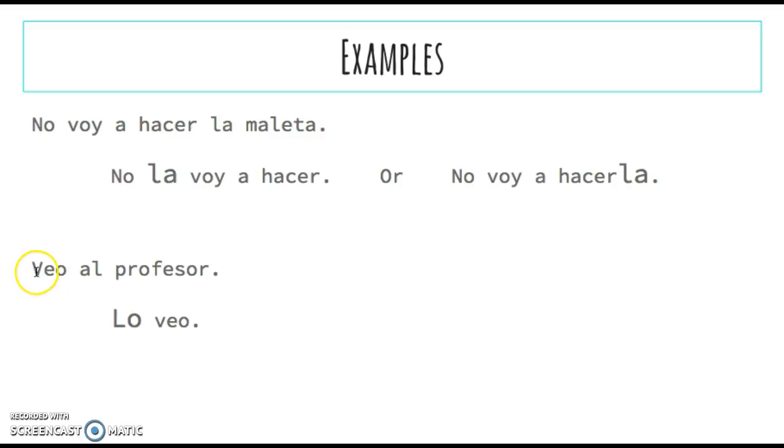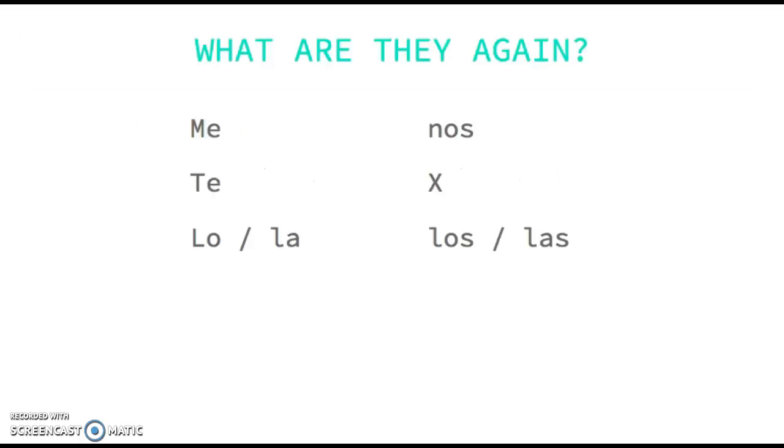Since there's only one verb in this sentence, veo, the direct object pronoun will have to come before the verb. Lo veo. I see him. Once again, the direct object pronouns are me, te, lo, la, nos, los, and las.